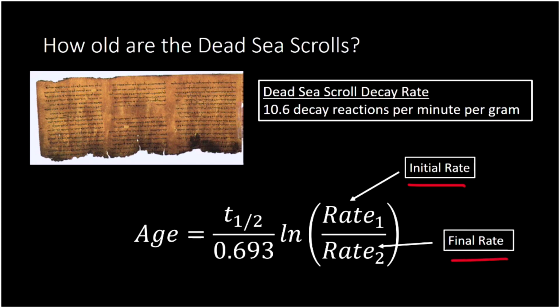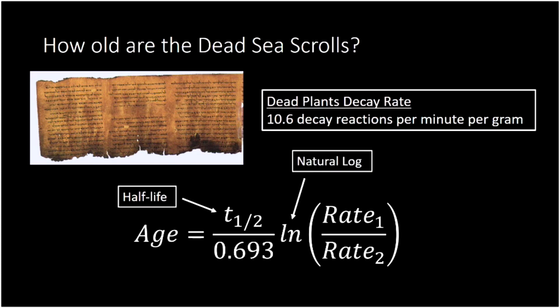So whatever plants were used to make the Dead Sea Scrolls originally were undergoing about 13.6 decay reactions every minute per gram. And then we compare that to the final rate, that's the rate we measure today. And then we also need to take into account the half-life. The longer the half-life, the longer it takes for the decay rate to drop. So the half-life goes in right here, which remember we saw for carbon-14 was about 5,700 years.